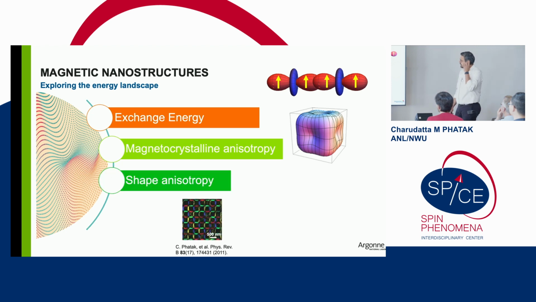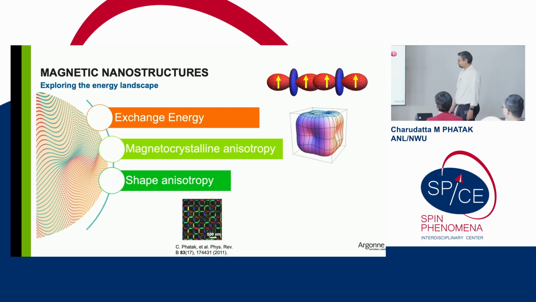And the third one is the shape anisotropy, which becomes a strongly dominant energy term at the nanostructure scale. For example, if you make the nanostructure small enough, then they form a single domain state, such as the ones used in artificial spin ices.